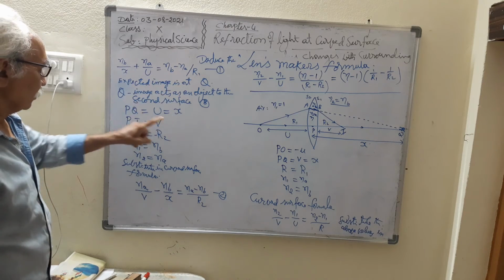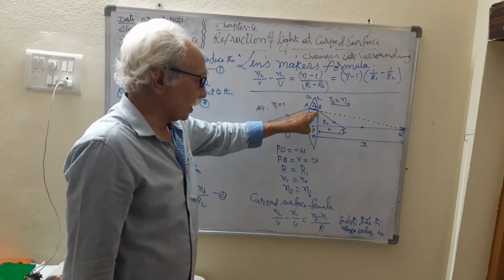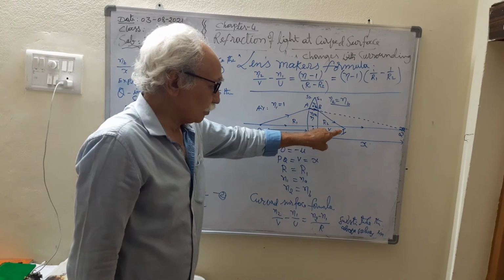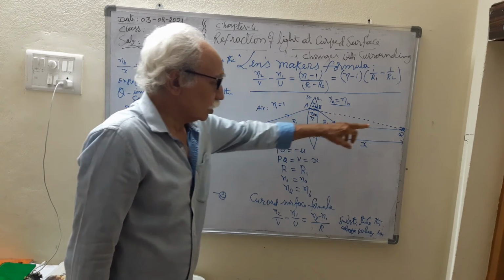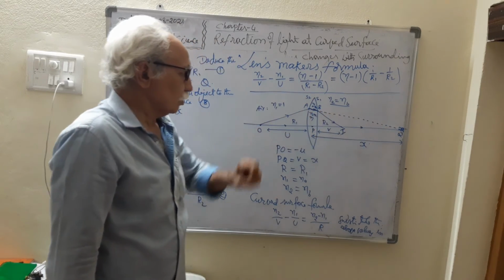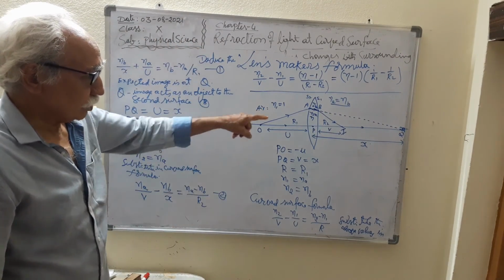Substituting the above values, NB by X plus NA by U is NB minus NA by R1. Now for the second surface, the refracted ray again touches the B surface, it is refracting again and crossing at the point I. In this case, the image at Q is acting as the object to this lens.